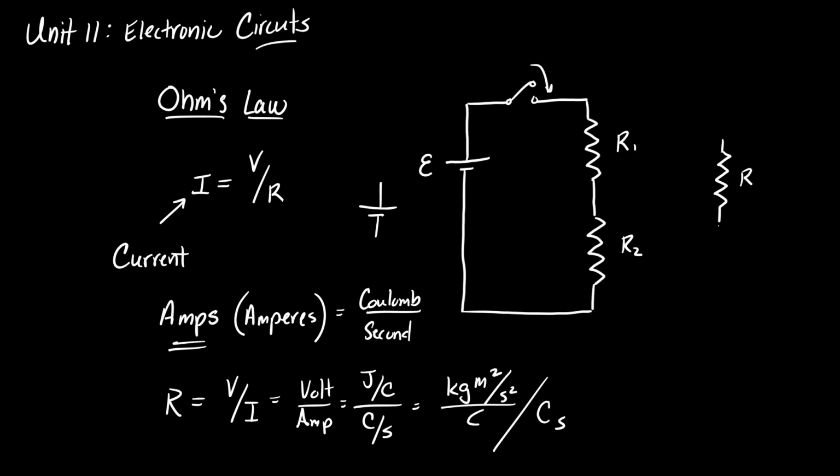We seeing all this? Coulomb per second. So I think I can multiply top and bottom of this fraction by seconds, which will give me kilogram meter squared per second cubed, divided by, drop that other coulomb down there, coulomb squared. And now, if I was to write this in a more clear package, I'd get kilograms meter squared per coulomb squared seconds cubed.